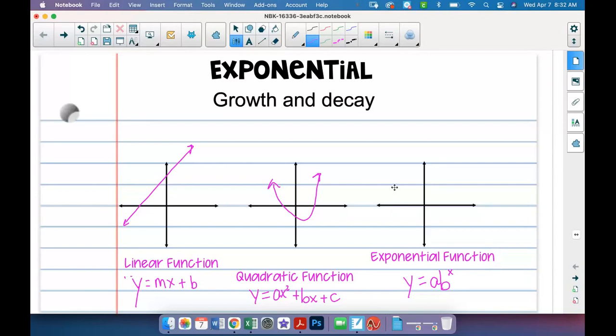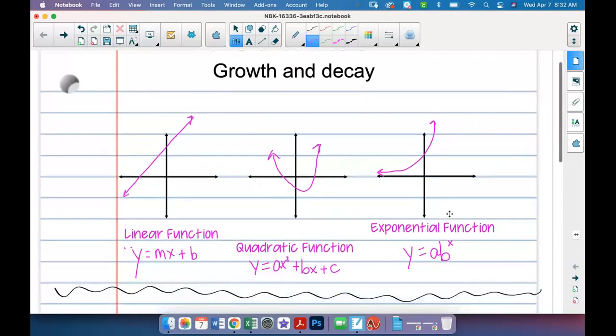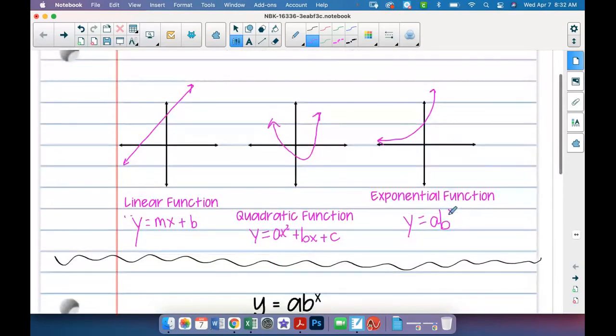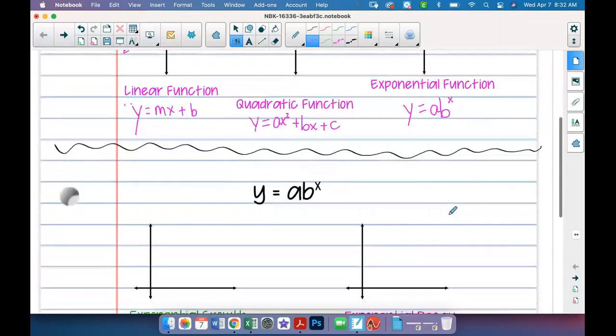And exponential functions look like a curve, more or less like that, okay? Okay, so let's talk about exponential functions.